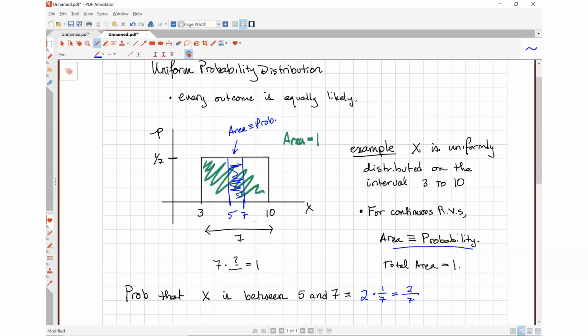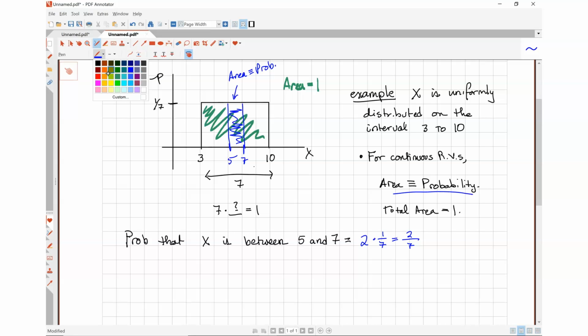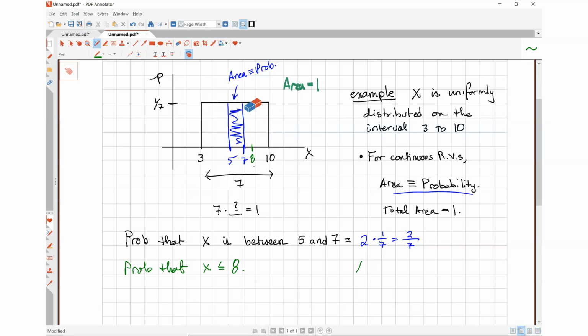And we can answer all kinds of questions this way. So here's another example. Let's say we want to look at the probability that x is less than or equal to 8. To get that, what we're going to do is, again, mark off the region that corresponds to that interval.